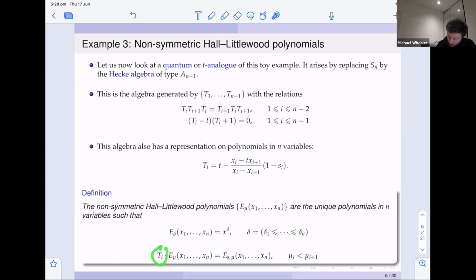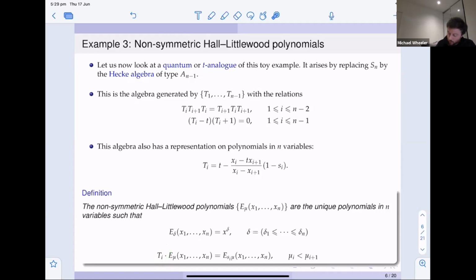And in other cases, you have this recursion relation here. So T_i acting on E_mu gives you E with the two parts of the composition exchanged. And that holds whenever mu_i is less than mu_{i+1}. So you can see that just with these two relations, you can build up any polynomial in the family just by the recursive action of these T_i's.